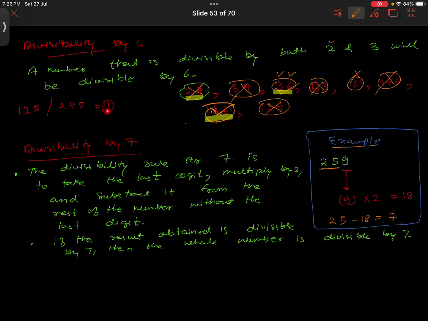1 is not the HCF of any given numbers here. Getting it? 1 is the HCF of only prime numbers. Are the numbers 125 and 245 prime numbers? Of course not. As per the rule I told you, 1 is the HCF of two prime numbers.